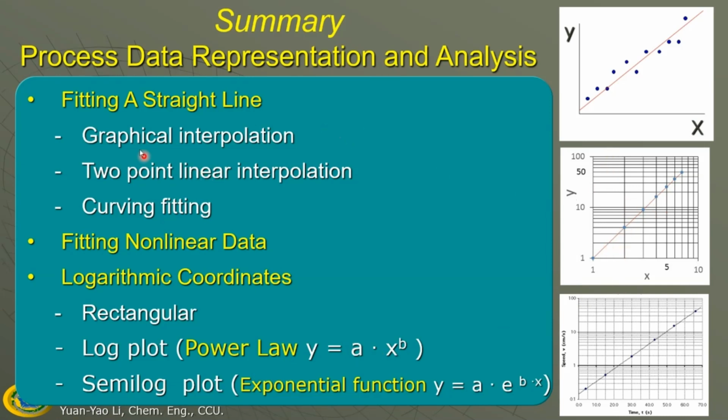You can use graphical interpolation, 2 points, or curve fitting. But in your midterm exam, I suggest you use 2-point linear interpolation. I suggest, but you can do anything you want as long as you give me the right answer, right?